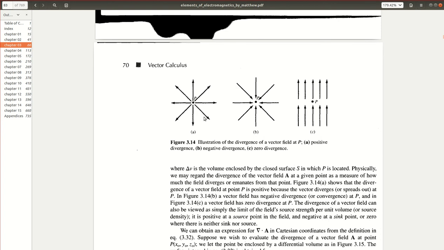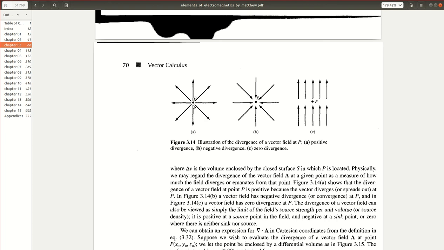Divergence means distribution. For example, if you have a lamp as a light source, the light lines go out from this lamp. Imagine that you have a lamp in your home, in the room where you are watching this lecture.